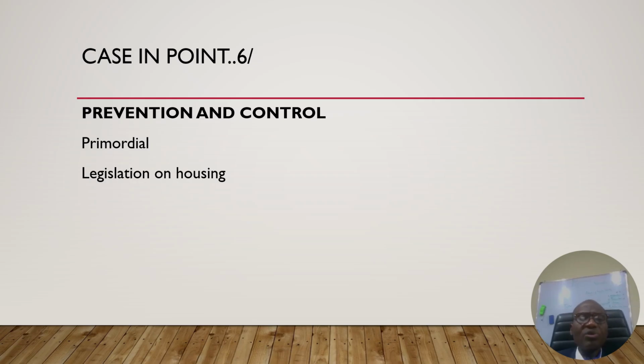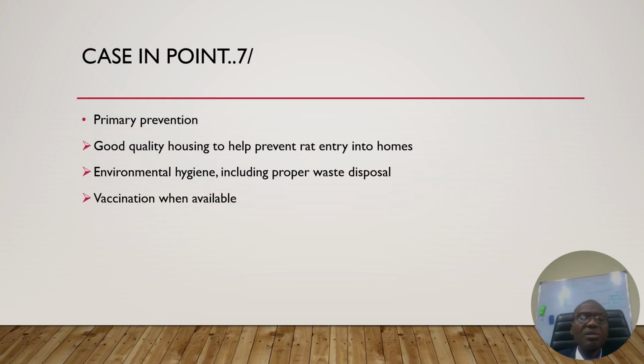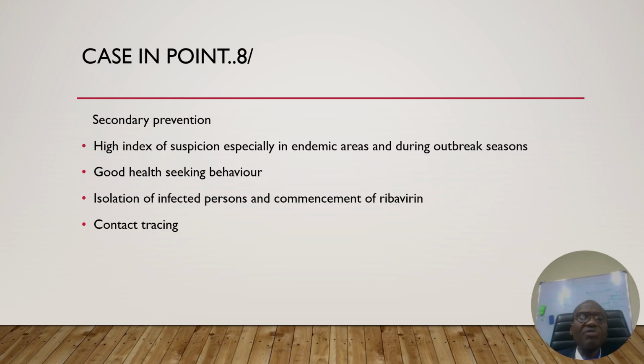Local governments have had to legislate on this. This is important. Good quality housing, environmental hygiene, clearing around the houses, proper netting, vaccination when it becomes available. But right now we don't have any vaccine for use.